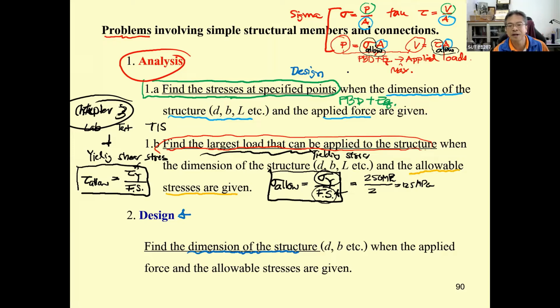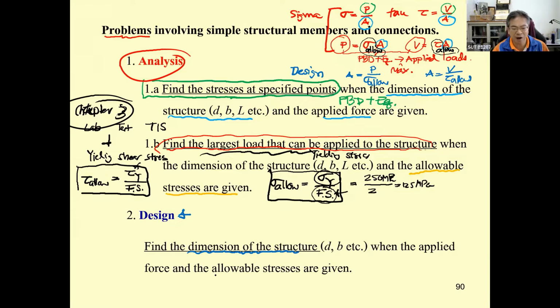So by doing this, A is going to be the one that we are looking for. A is equal to P divided by sigma allowable, and in this way we also have A equal to V divided by tau allowable.